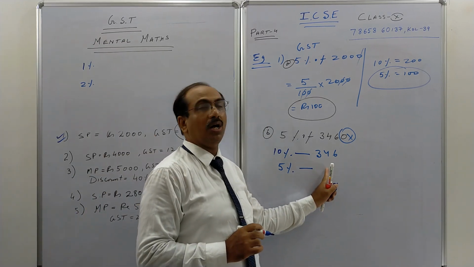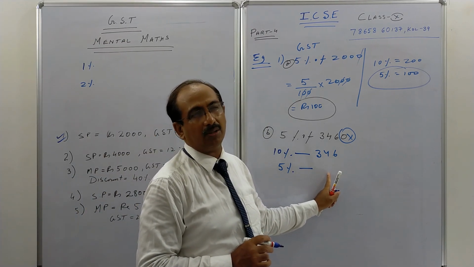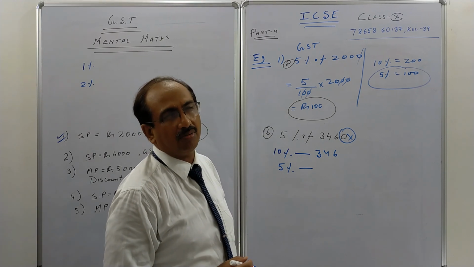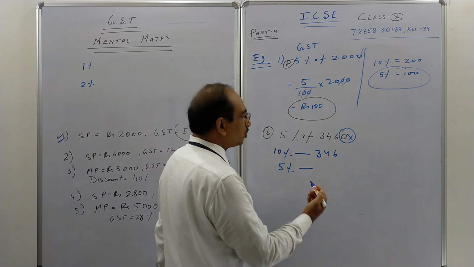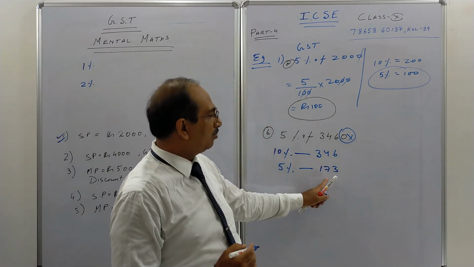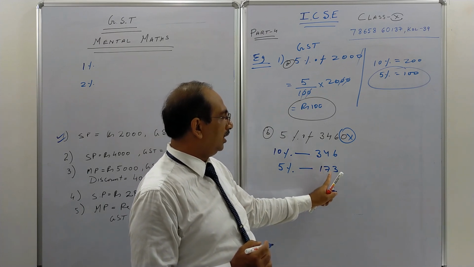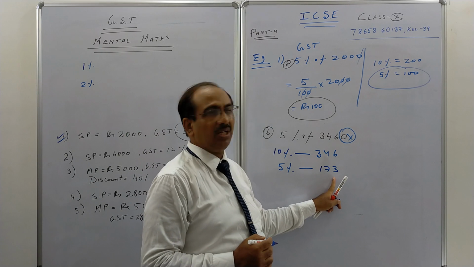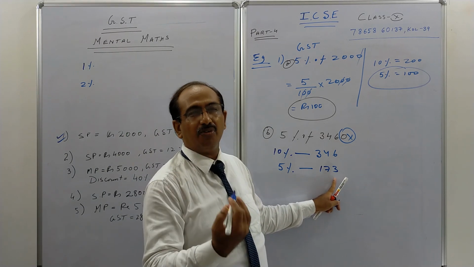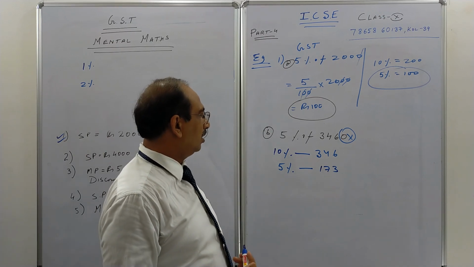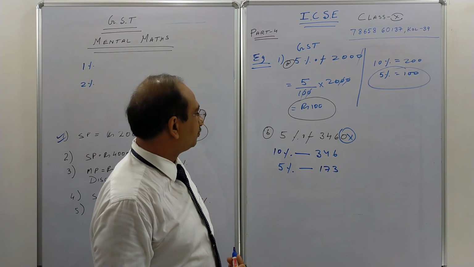Now how to do half of something? You have to be good at mental math. If it is 350, half is 175. But it is 4 less, so it will be 2 less, 173. Mentally you can multiply and see it. 100, 100, 200, 73, 73 is 146. So you have to be a little good, children, in taking half of a thing, 1/4 of a thing. So 5% will be this. Okay. So this is how we get.